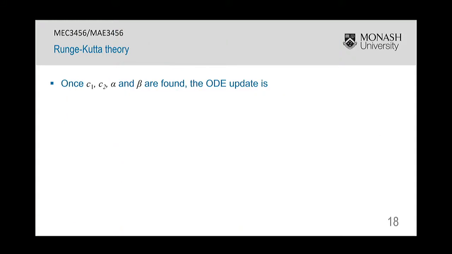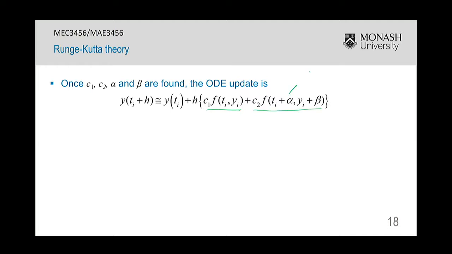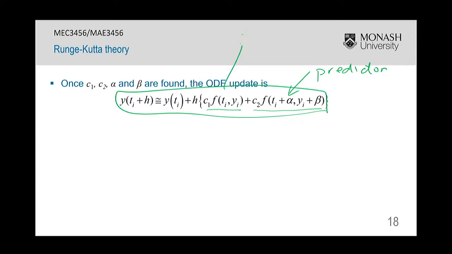Once we've found c1, c2, alpha and beta, the ODE update becomes y of ti plus h is equal to y of ti plus h times c1 times the function value at the initial point plus c2 times the function value estimated at this point. And again, this will be a predictor step, and this entire thing will be the corrector step.